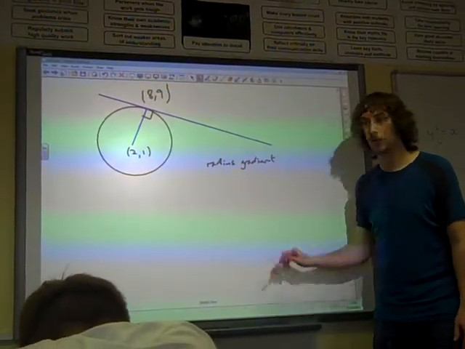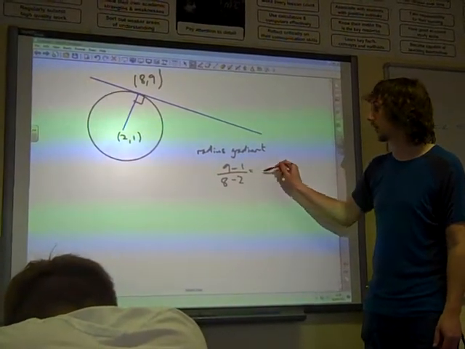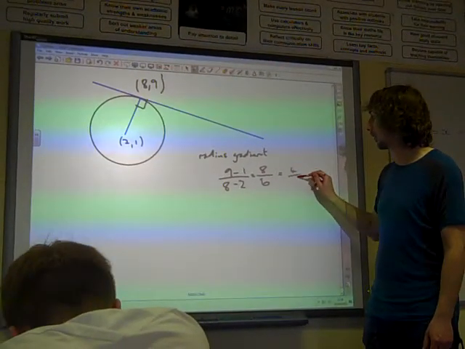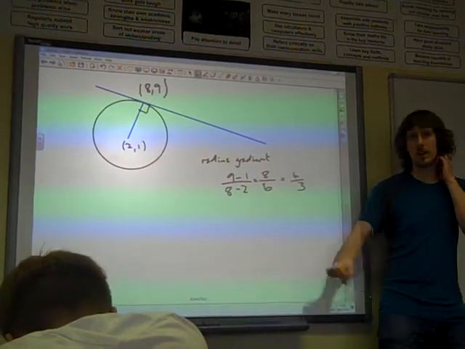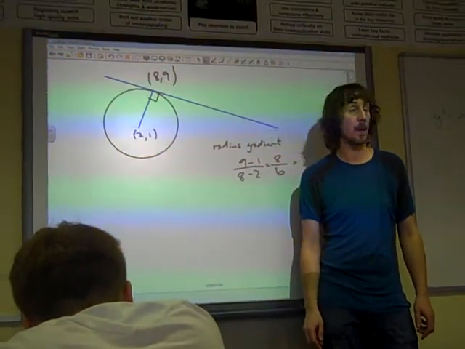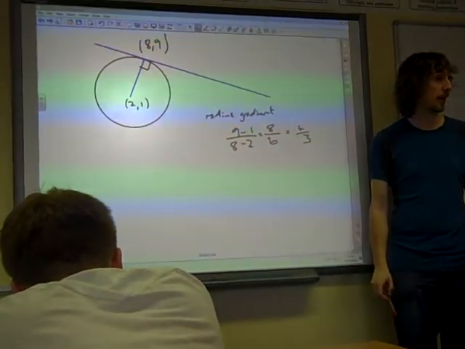well, remember gradient is change in y over change in x. So that is 8 over 6. So 4/3. So the gradient of this radius here is 4/3. The tangent is perpendicular to that, at right angles to that.